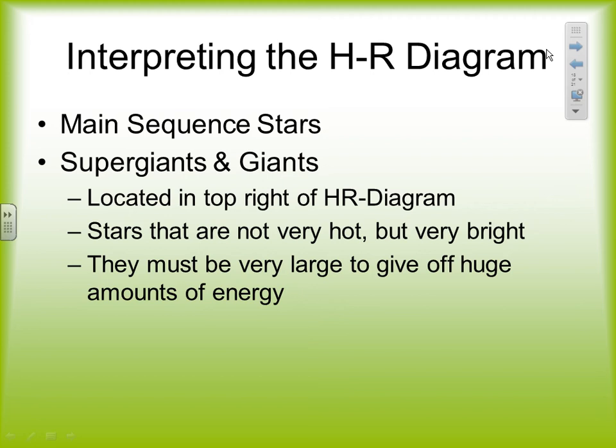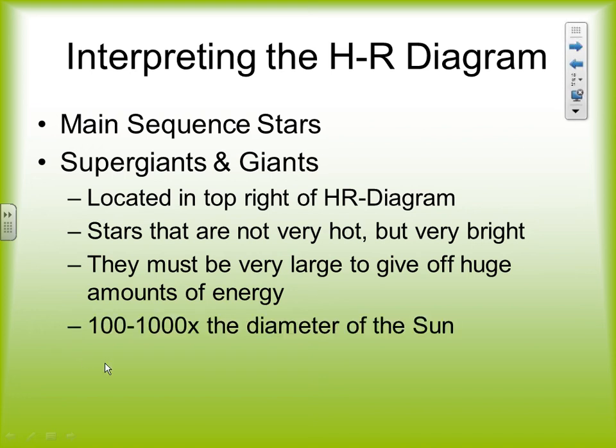But how many candles are you going to need? A lot, right? So these stars, they don't give off a whole lot of light, but because they're so big, they appear very, very bright. We're talking about stars that are in the range of either 100 to 1,000 times the diameter of our sun.